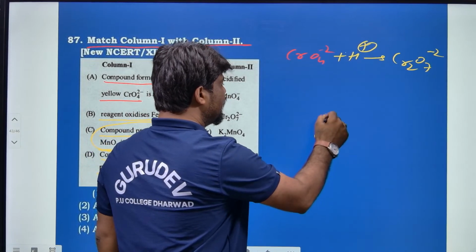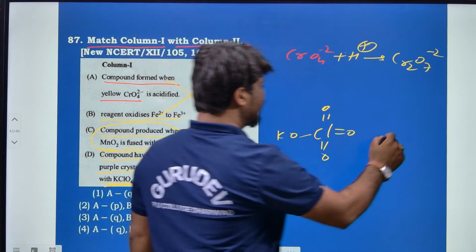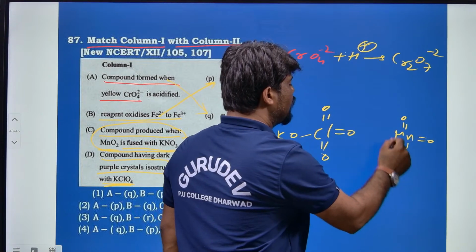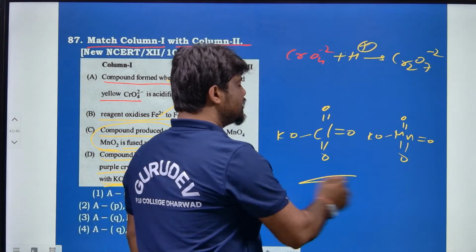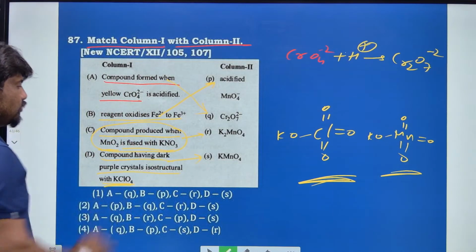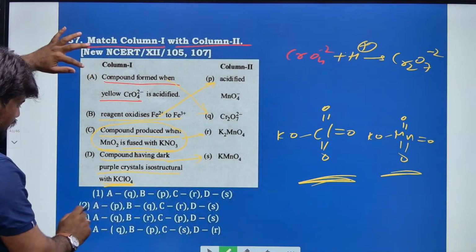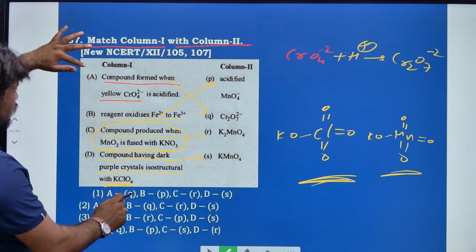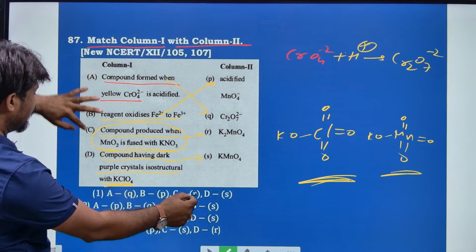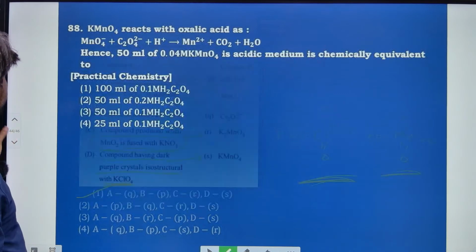I can write Cl with double bonds to three O, and also MnO4 in KMnO4, Mn with double bonds to three O. KClO4 is isostructural with KMnO4, hence D belongs to S. So the right answer is A to Q, B to P, C to R, D to S. Option A is the right answer for the question.